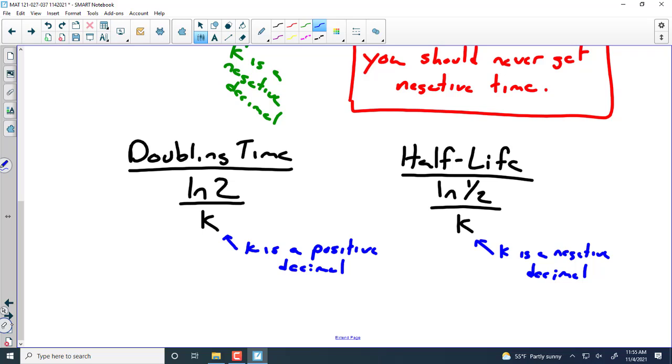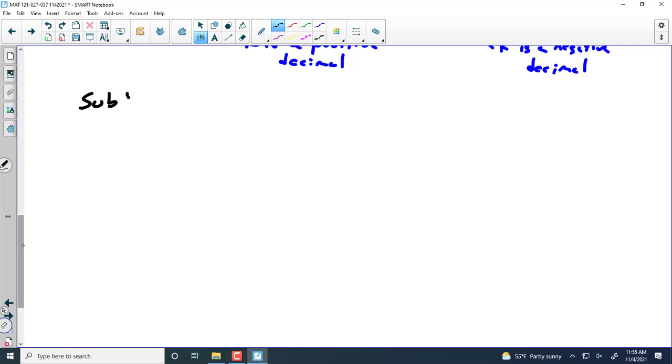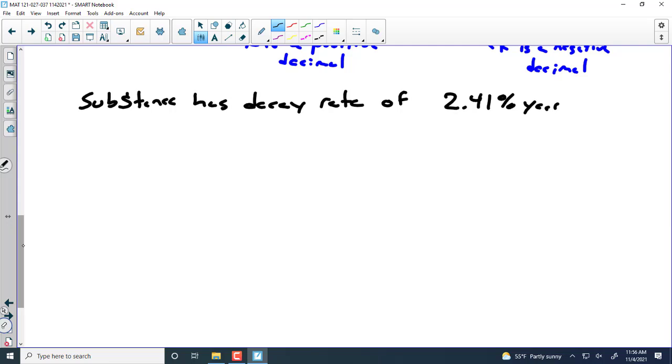The thing that throws people off on these half-life problems is when they mix it up a little bit. Because sometimes, rather than asking for a half-life, they'll ask a question like this. Just a reminder, our substance has decay rate of 2.41% per year.